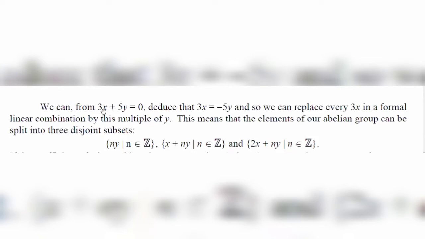From the above equation, we have seen 3x plus 5y equals 0. We can conclude that it can be written like this. So here 3x is a linear combination of the multiples of y. This means that the elements of an abelian group can be split into disjoint subsets like this, as you can see on the screen, where n belongs to the integers, and we can add the other number simply.